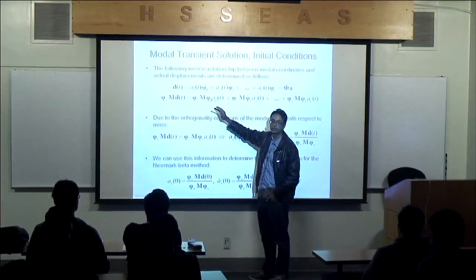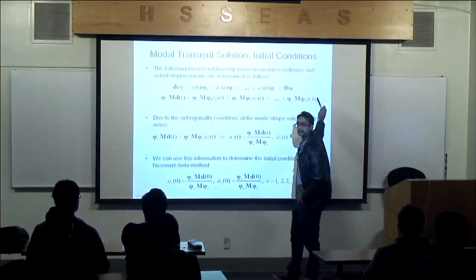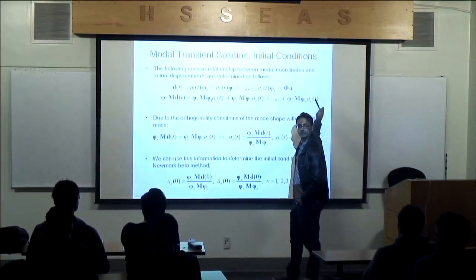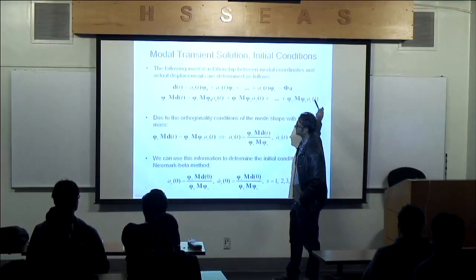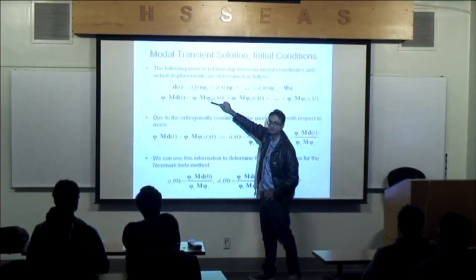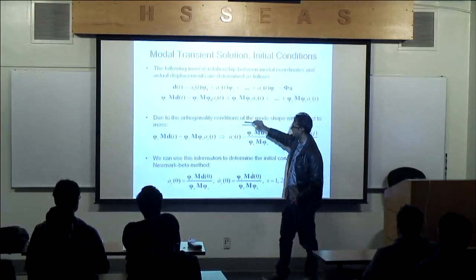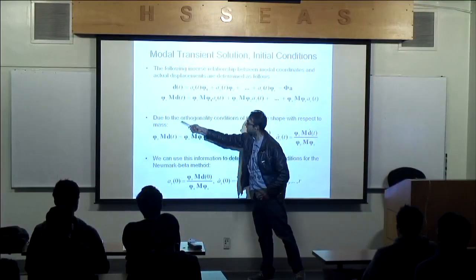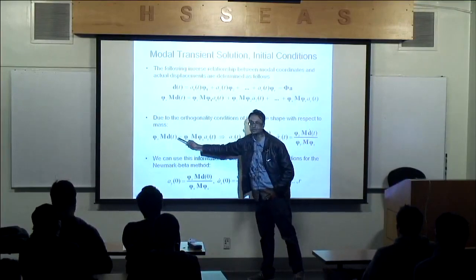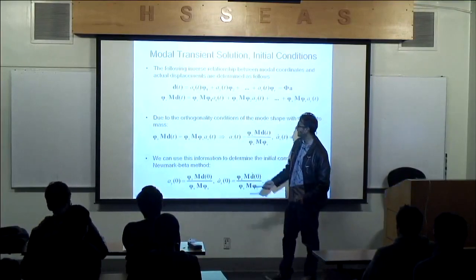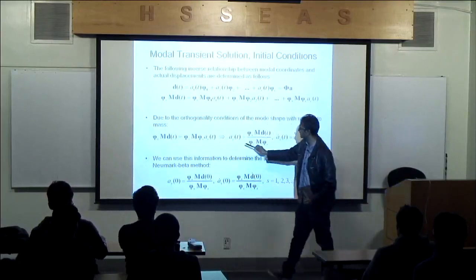We already covered that. So all of this will be 0, except for one. The only one that's not going to be 0 is the one that has phi_s here. So basically, I end up with this equation. And now I can solve for A(t) in this manner.